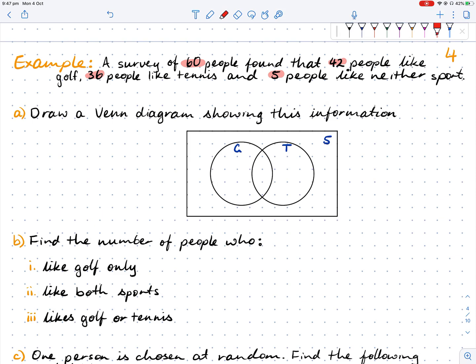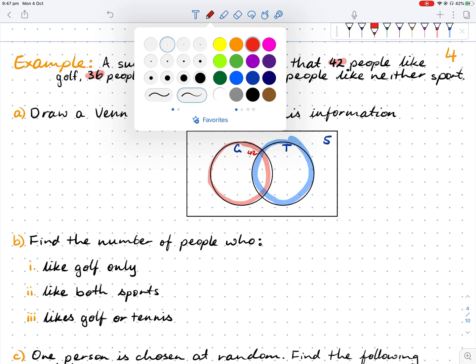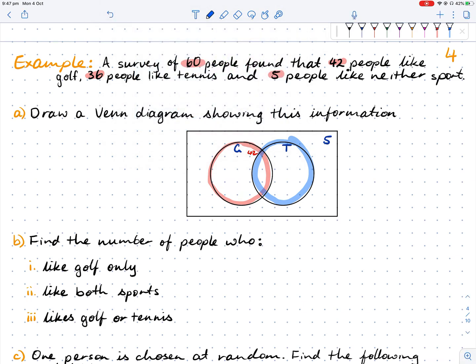Now what we know is if I add together everyone who enjoys golf, that's going to equal a total of 42 people. Okay, but the 42 is this section, including the overlap as well. If we look at the people who like tennis, of this circle, we have a total of 36 people, okay?